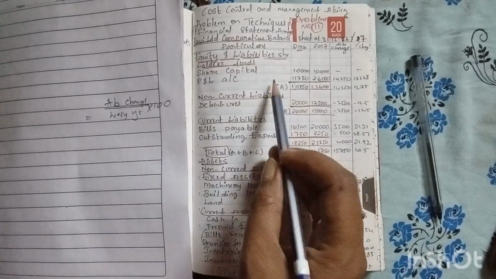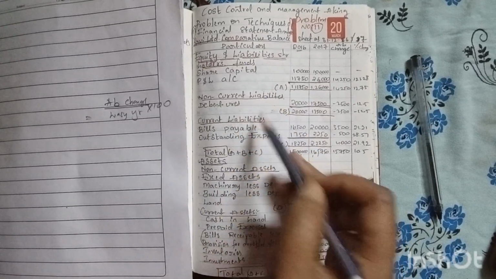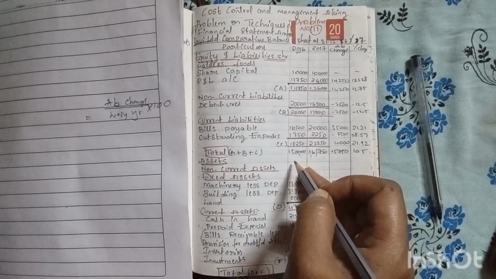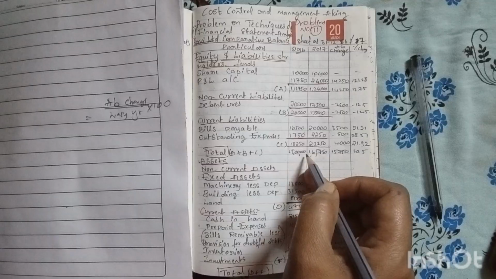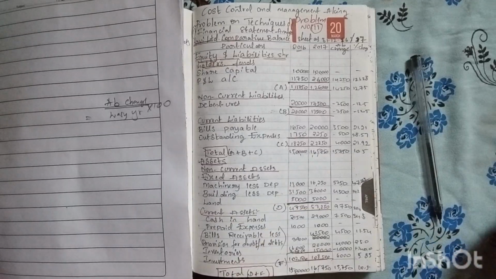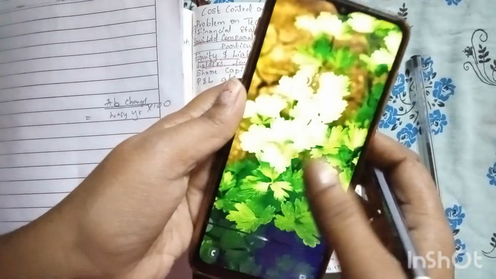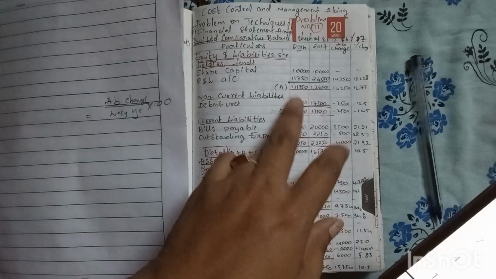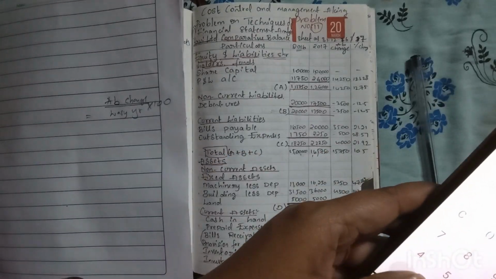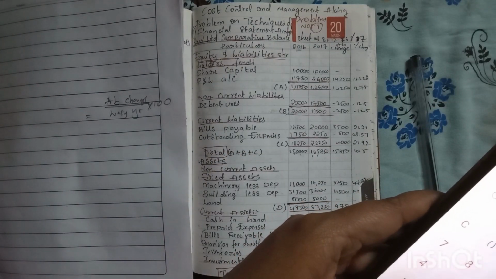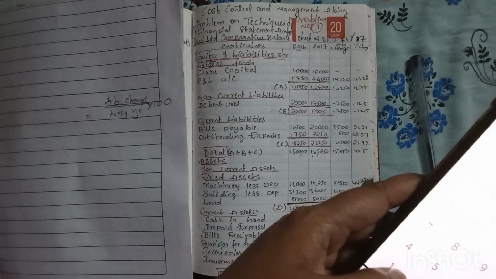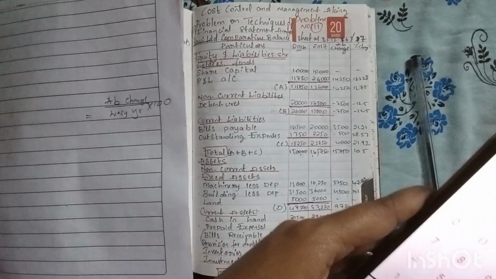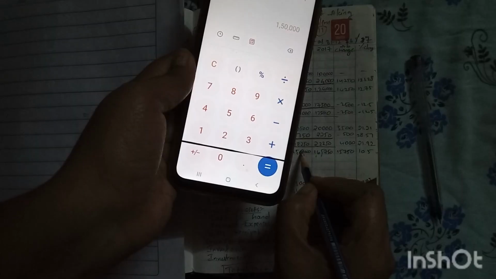So total: A, equity and liabilities, shareholders' funds, plus non-current liabilities B, plus current liabilities C. Total, how much did you get? Here again we are doing a calculation for A, how much did we get? 1,50,000.